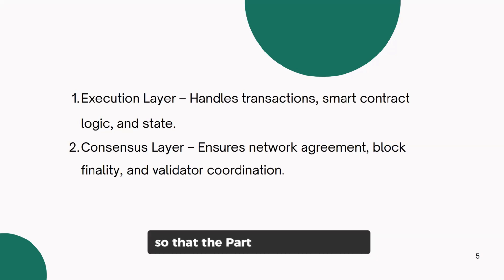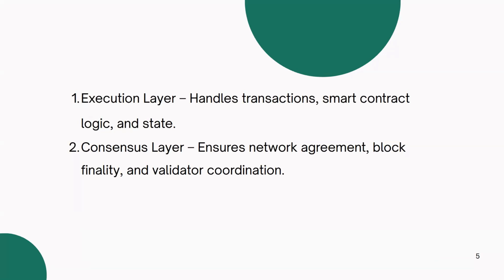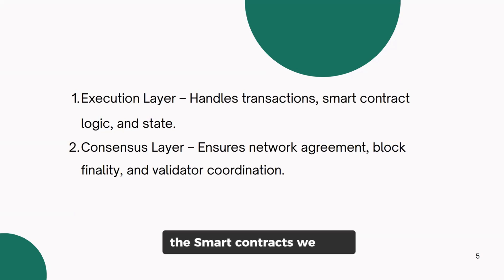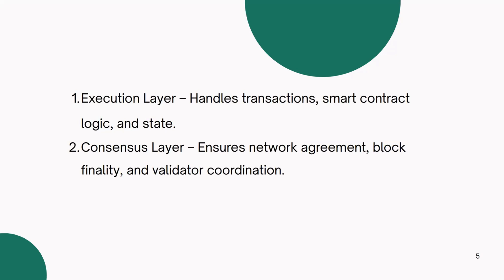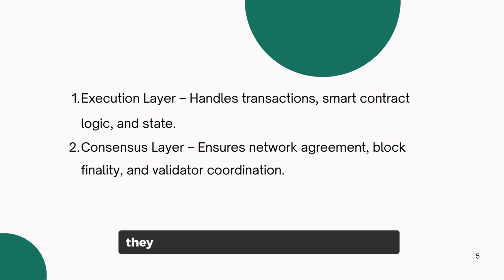The part of Ethereum that handles that transaction is the execution layer. And the reason it handles transactions is that smart contracts are executed on the execution layer. So every smart contract logic we see today finds its roots on the execution layer.